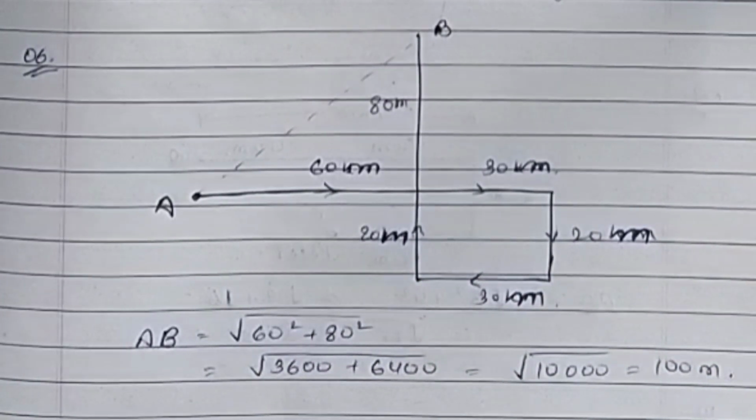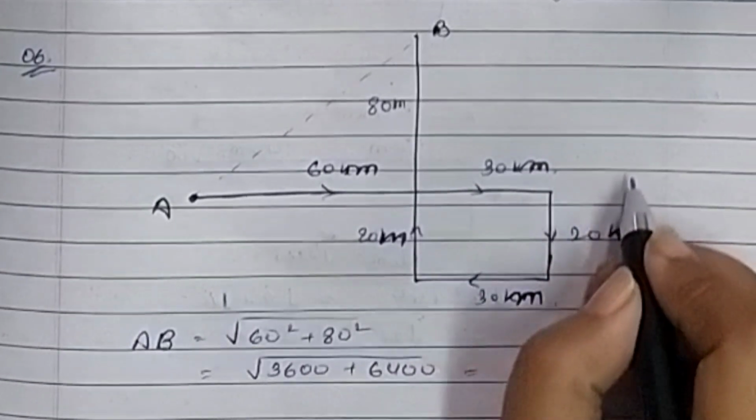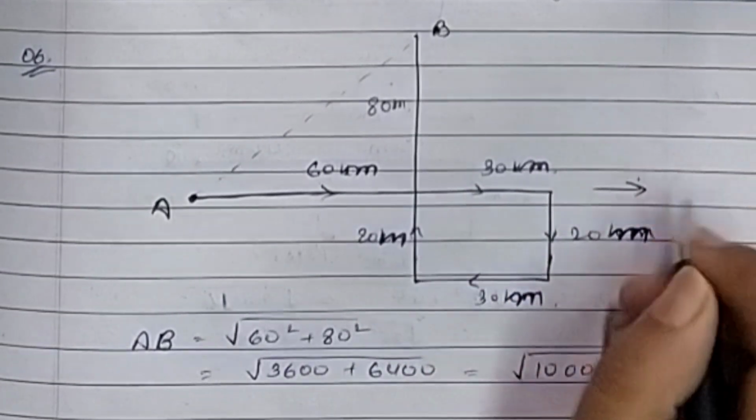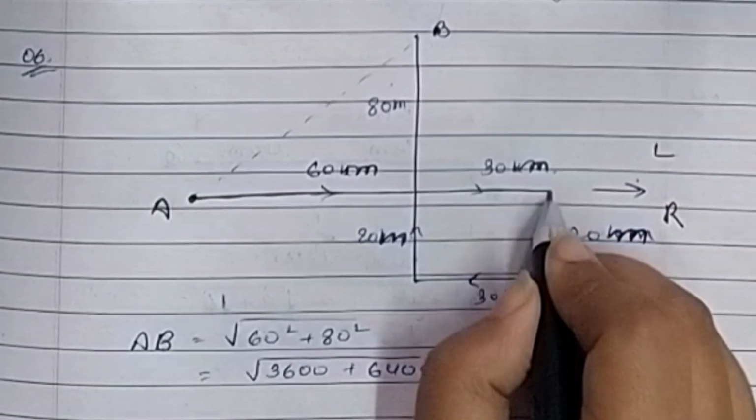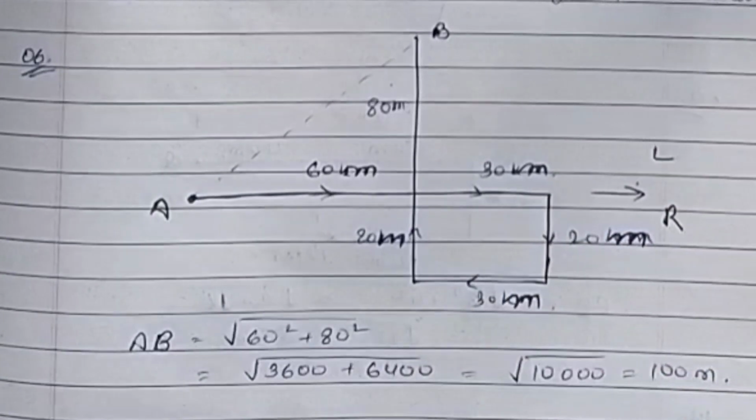Then he turns right. If we are facing the eastward direction, then right will be like this and left will be like this. So he took a right turn and covers 20 meters in the southward direction.